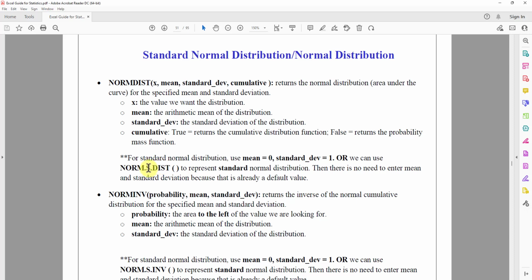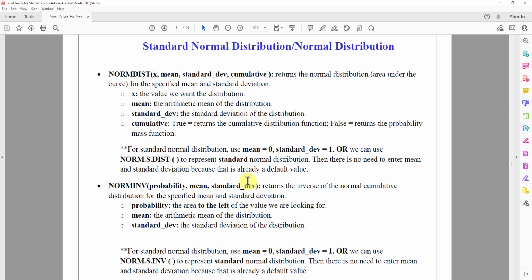If we have an extra letter s here, we will know that the mean is 0 and the standard deviation is 1, and there's no need to enter the mean and the standard deviation because that is already a given value if we use the NORM.S.DIST function.